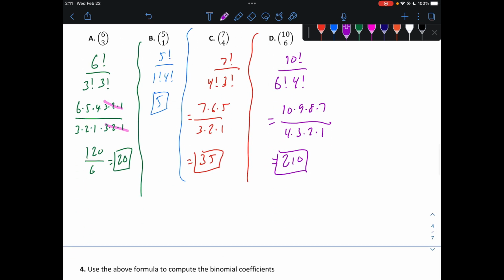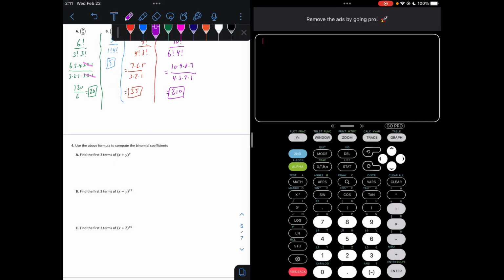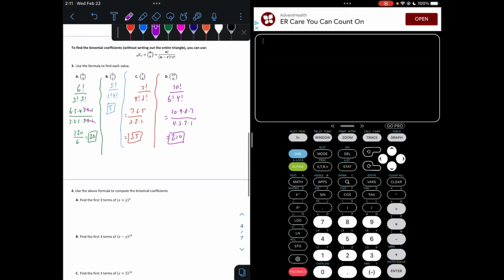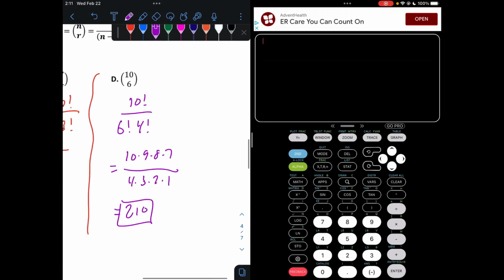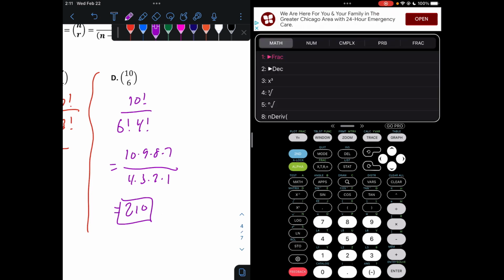But if we had a calculator, we can do this even easier. So if you have a graphing calculator, go ahead and get that out right now. And let's do the last one, 10 choose 6. What you're going to do is type in 10, hit math, scroll over to probability, and number 3 is nCr.